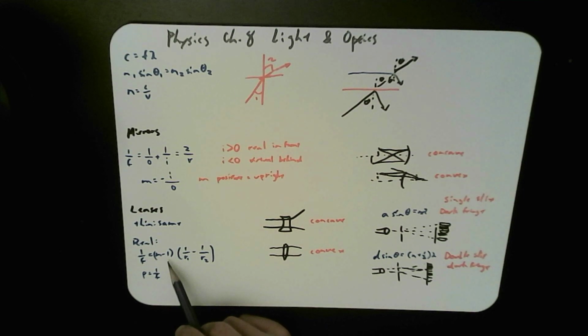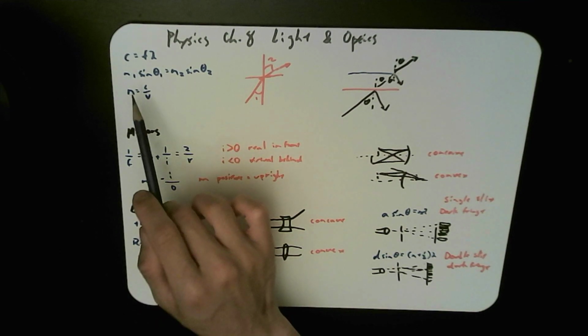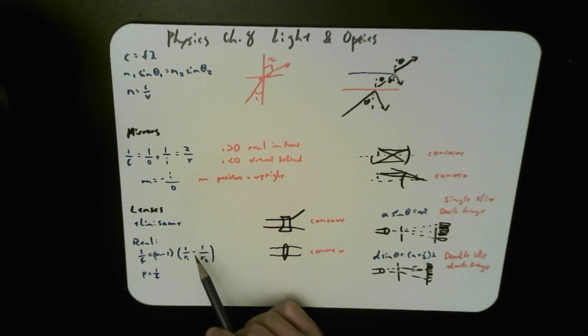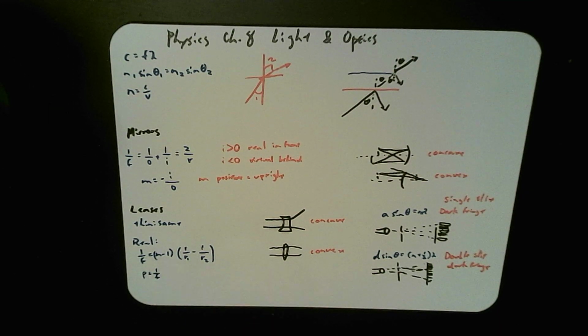n minus 1, where n is the index of refraction, has to be multiplied by 1 over r1, the radius of the first curvature, minus 1 over r2, the radius of the second curvature, to give 1 over the focal length.